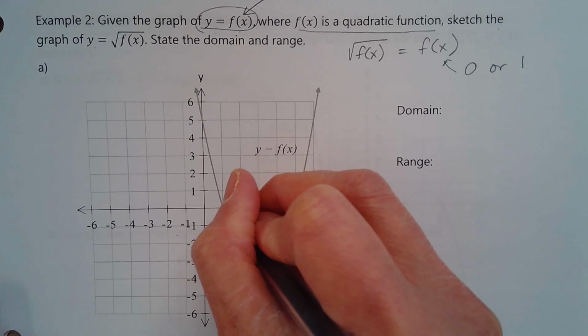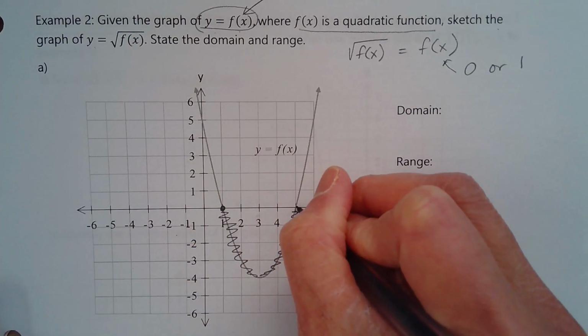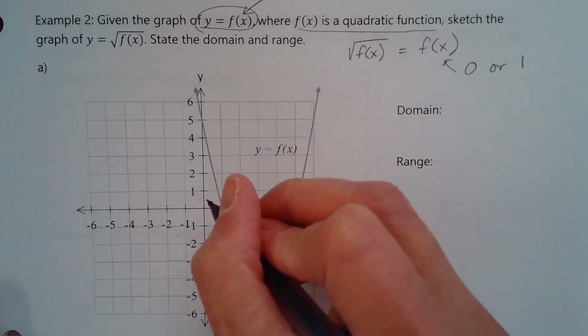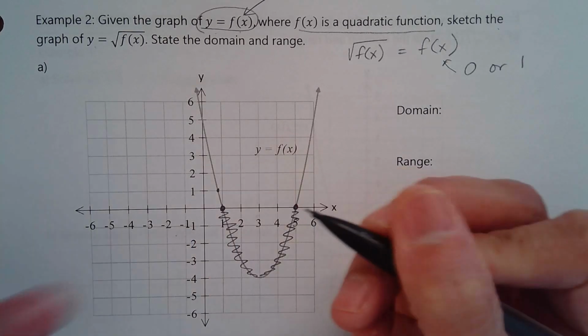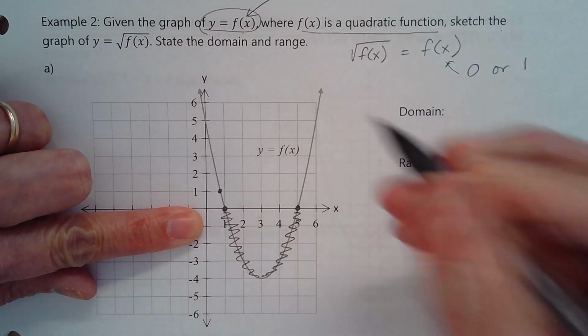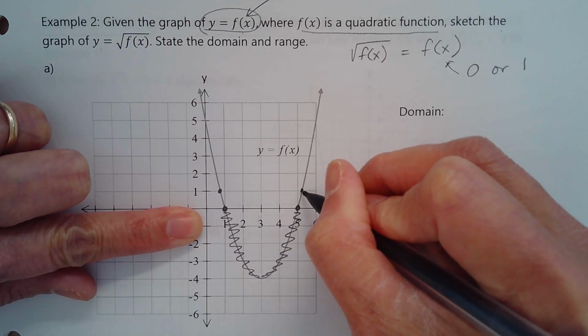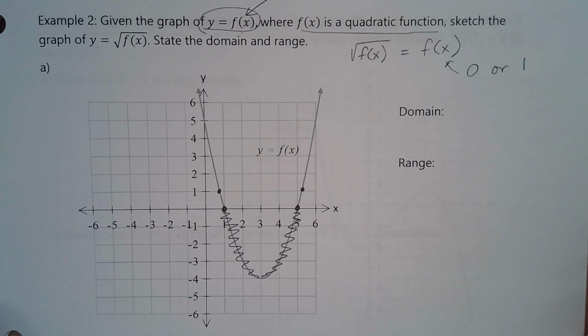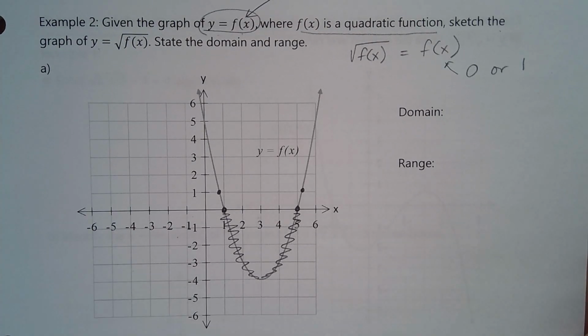It's 0 here, right? And 0 there. Where is f of x 1? It's right there, right? It's the y value that we're looking at. 1 here, and then the other one is up there. So far so good? Yeah? So those are the invariant points.